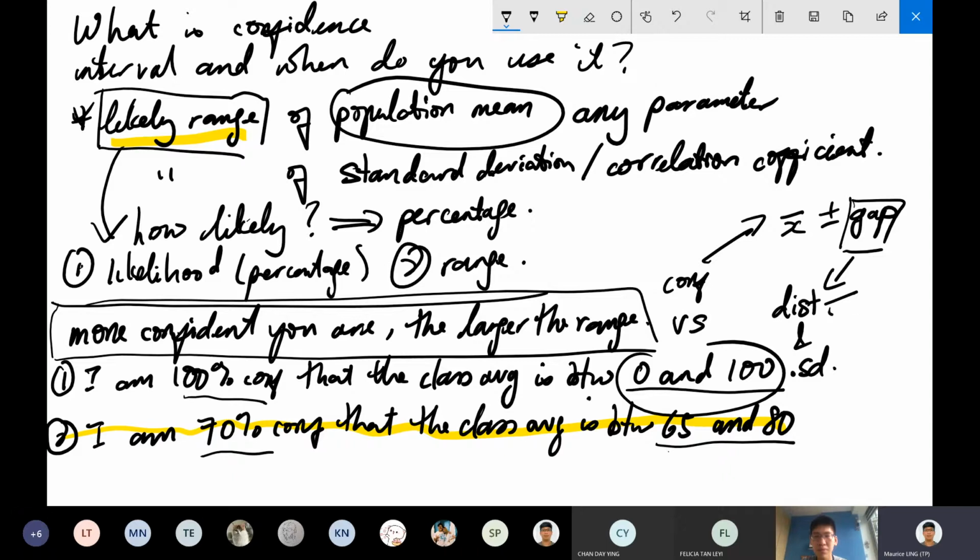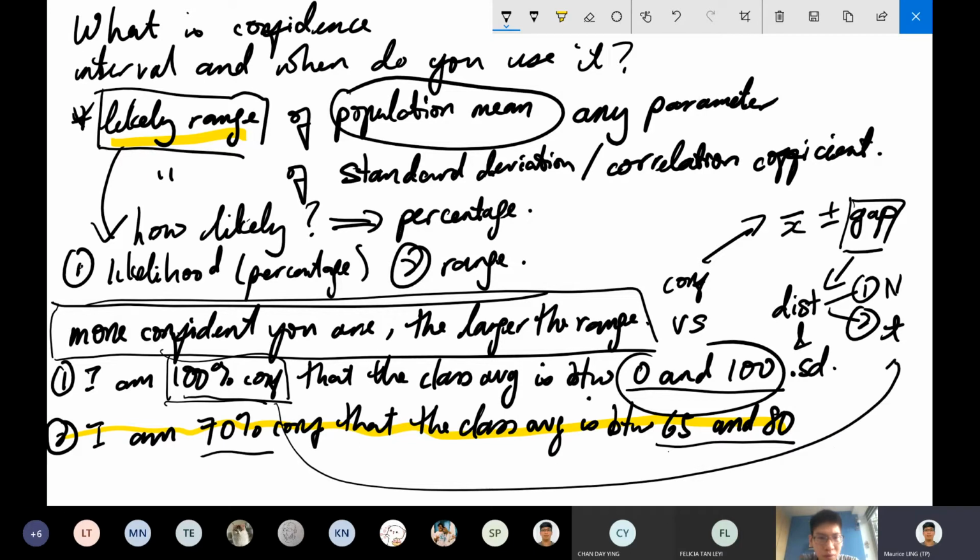The distribution usually comes from two different distributions: the normal distribution or the t-distribution. Which one you use depends on sample size. And the confidence level that you have is the area under this distribution.